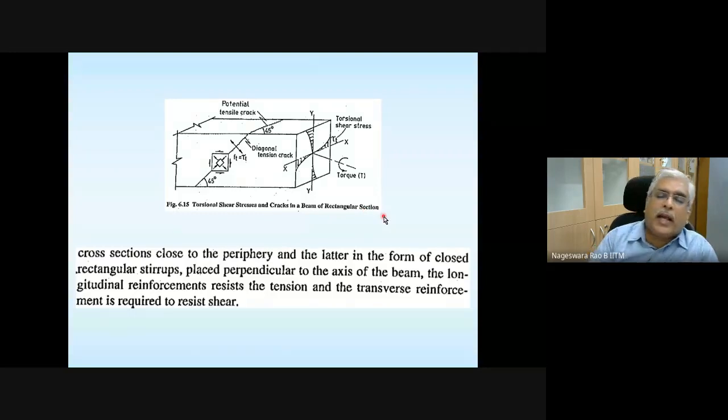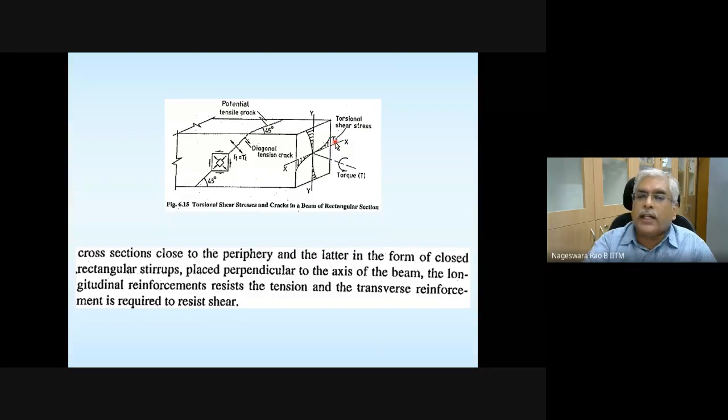And please note why it is mentioned only plain concrete, whereas we are actually looking at a reinforced concrete section. This steel is not going to come into effect till the section cracks. So initially, the behavior of a reinforced concrete section subjected to torsional moment or torque is going to be similar to that of a plain concrete beam of the same cross section, because steel is going to come into the picture only once it cracks.